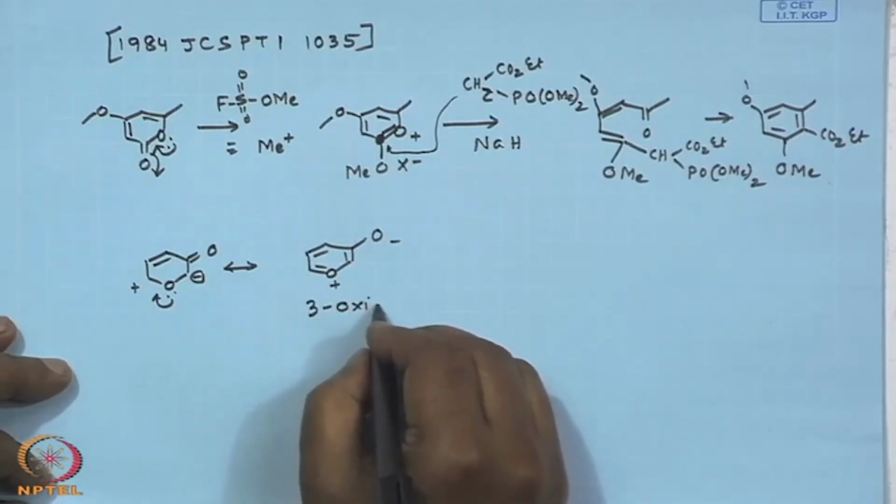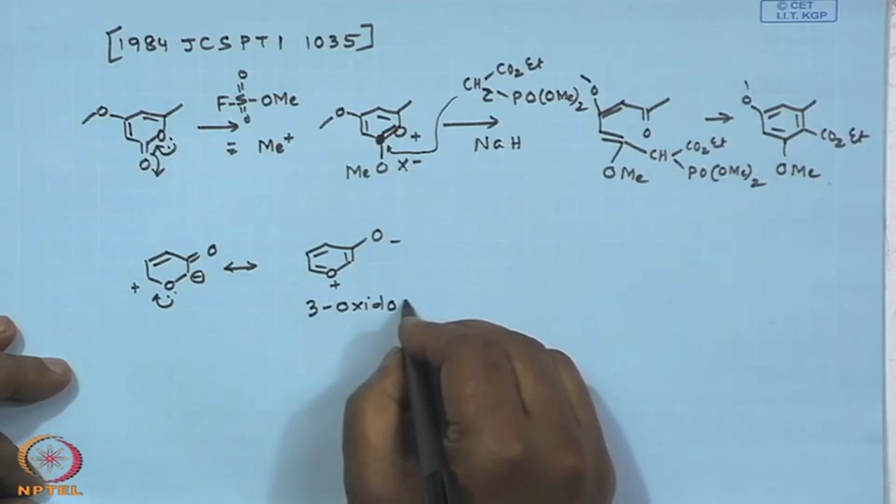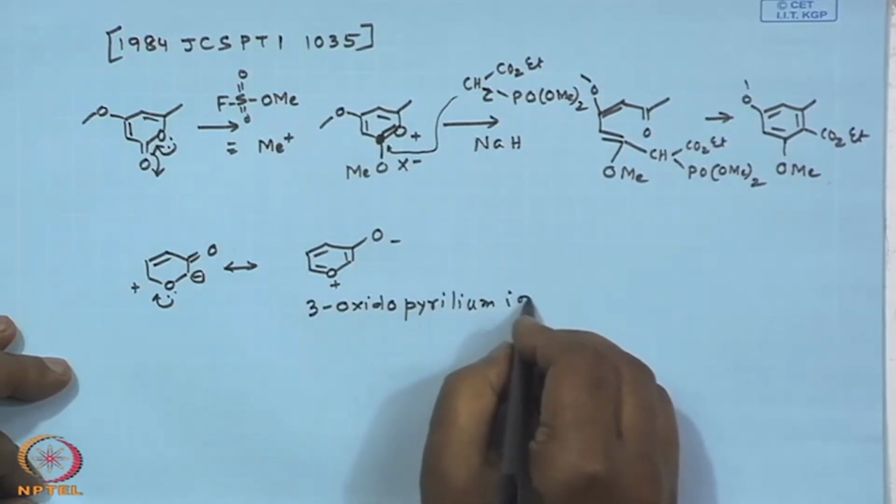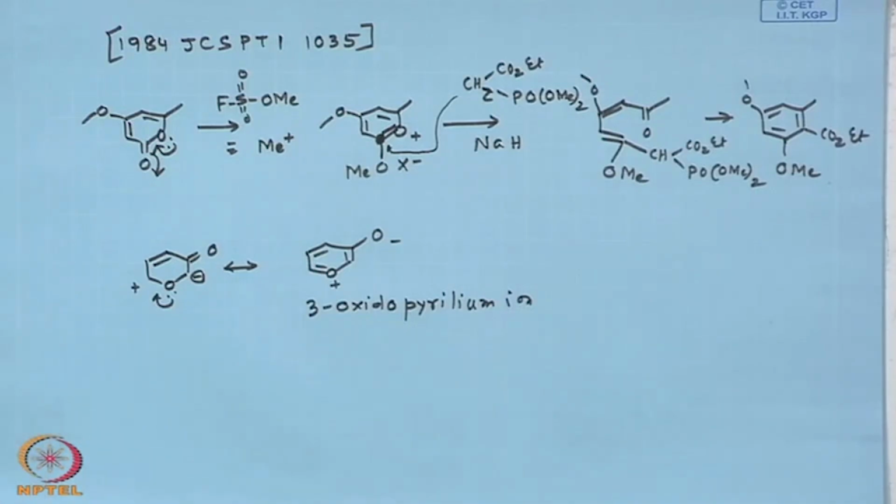and this sort of intermediate is known as 3-oxidopyrrolium ion, and they are very useful intermediates. There are 2 reasons.